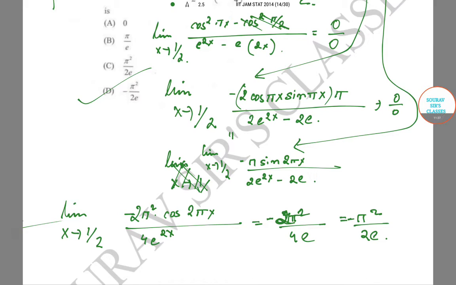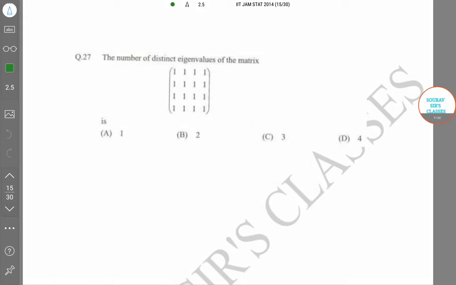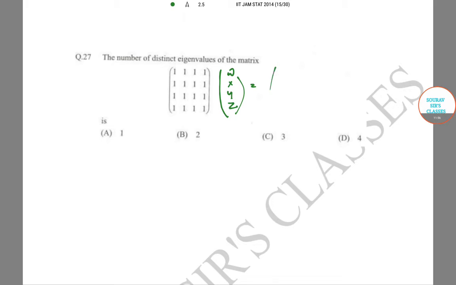Now we will move on to our next problem. The number of distinct eigenvalues of the matrix, okay, it's a 4 cross 4 matrix in which every entry is 1. The number of distinct eigenvalues of this matrix. Cool. So now let us not waste time finding its characteristic polynomial and see what we get.